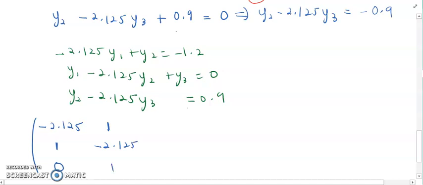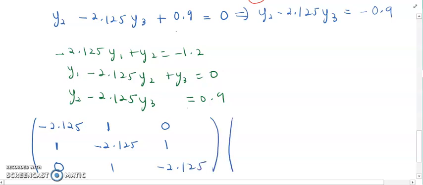And the third column is the coefficient of y3. For the first equation, we don't have a y3 term, so the coefficient is 0. Then this one is 1. And the last equation is negative 2.125.